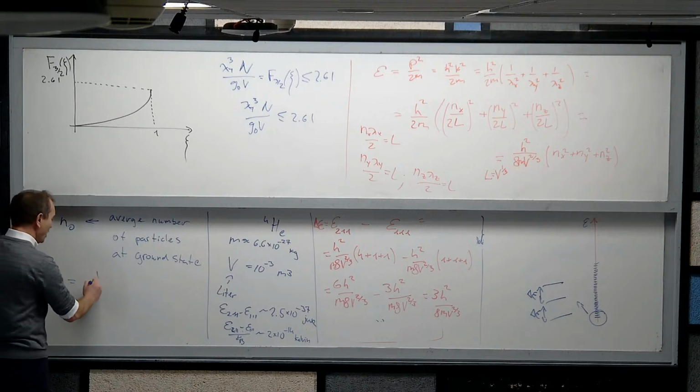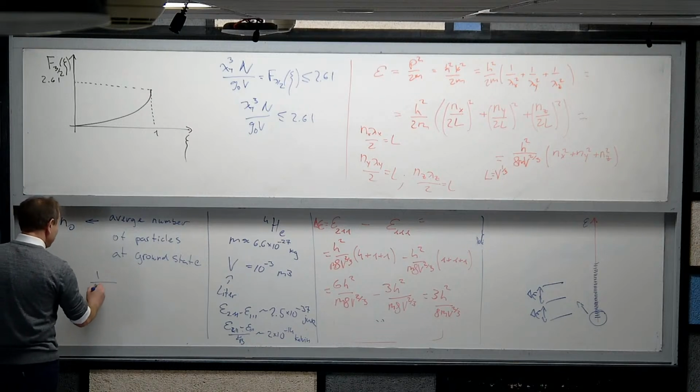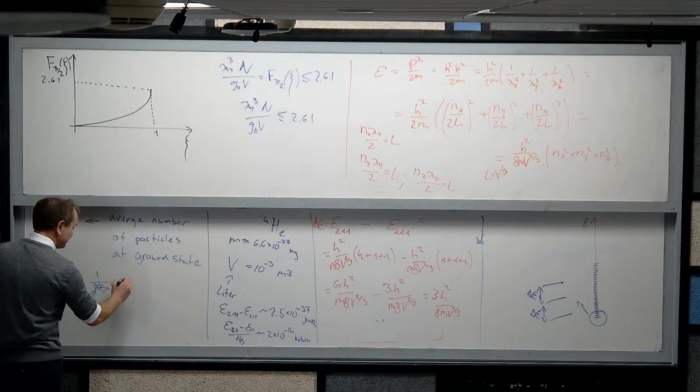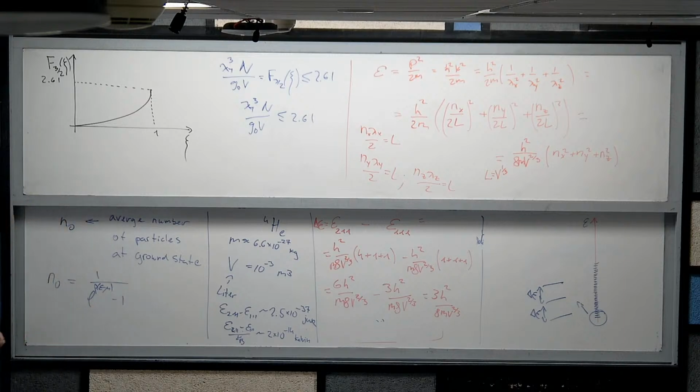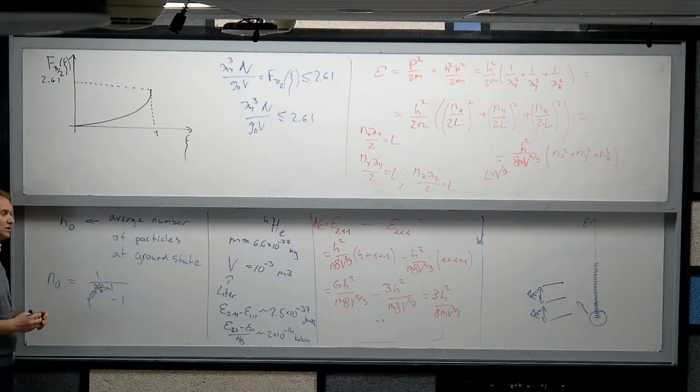And it is 1 over e to the power beta times epsilon minus mu, minus 1. Now this epsilon is epsilon 1,1,1. This is the ground state.